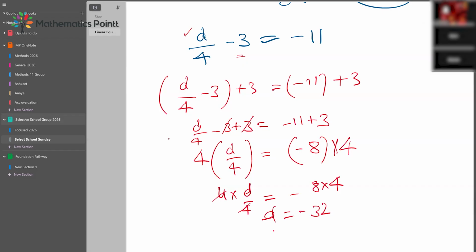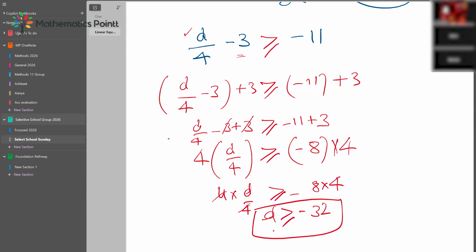Now, nothing on earth changes. My original sign was greater than or equal to, and that's about it. Solved. What I did was solve it like an equality, and then replace the sign with the original inequality.